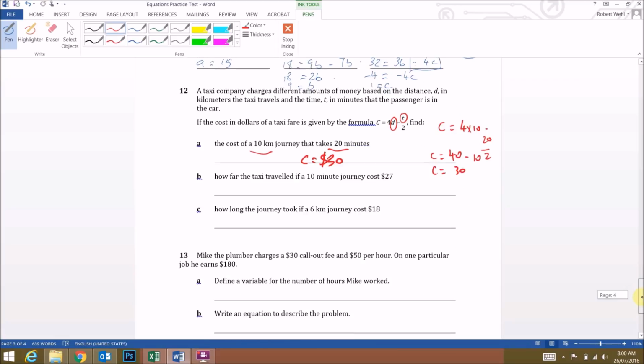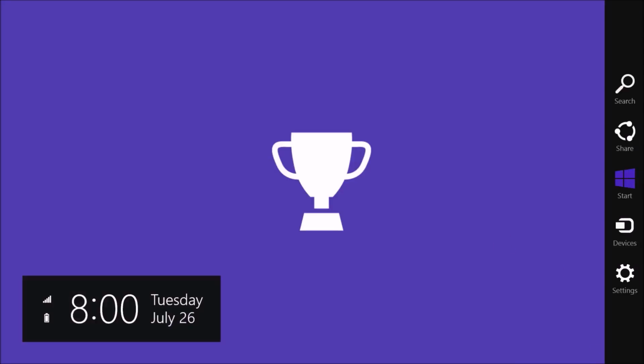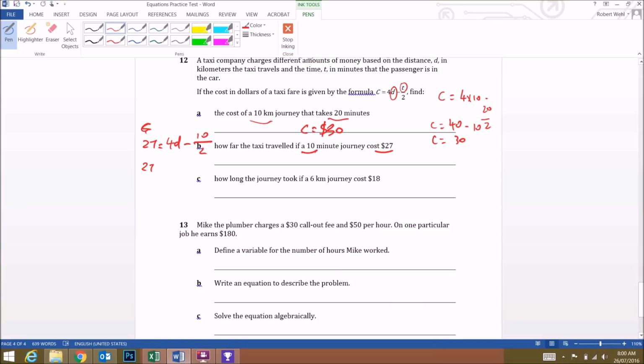Once again, it's the same thing for B. Okay, you plug in these values into your formula. So C, which is the cost, was 27 in this case, and then we know the time. So we don't know the value of D. The time was 10 minutes divided by 2. Okay, so I can collect some like terms here. Sorry, 10 divided by 2 is 5.